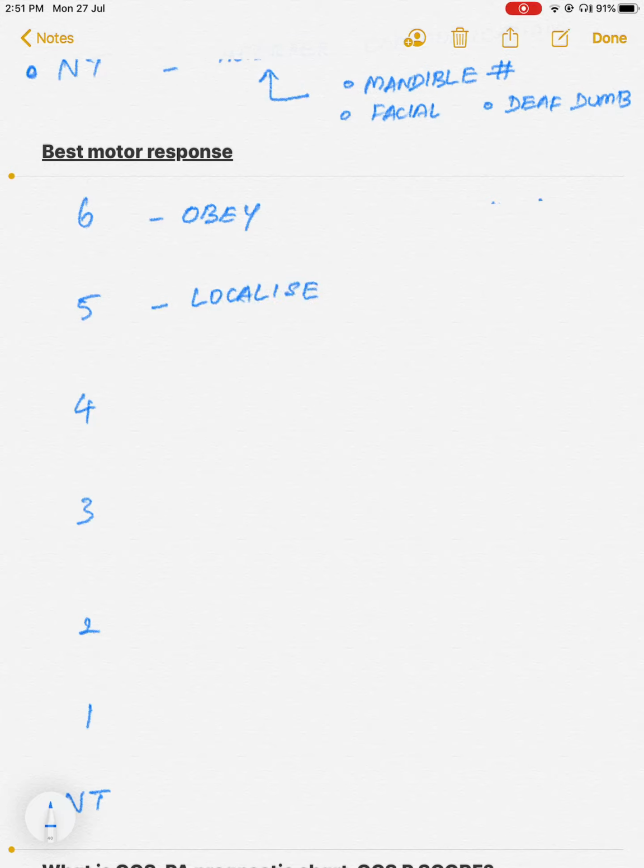I told you we are going to give stimuli in the supraorbital notch, and if the patient is able to raise his hands over the clavicle, that is over the neck, and he is able to localize it, it is given a score of 5. 4 would be normal flexor response, and 3 would be abnormal flexion.